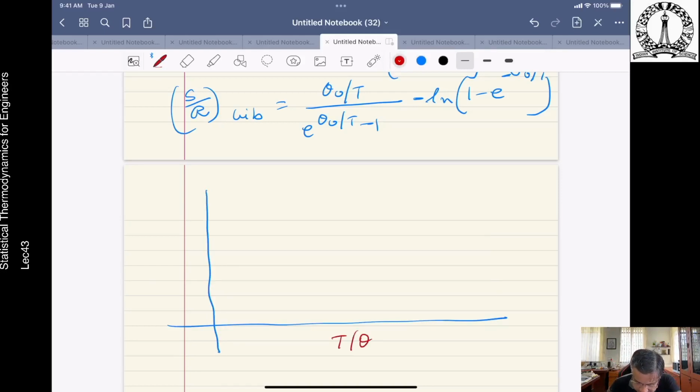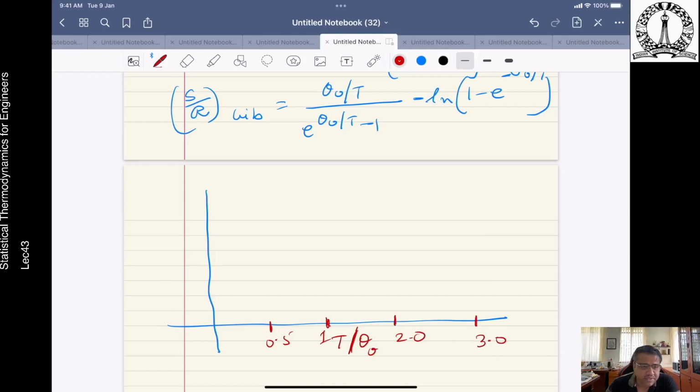This is T by theta v, and this will be the vibrational contribution to the internal energy or specific heat. You can mark certain values like 0.5, 1, 2, 3.